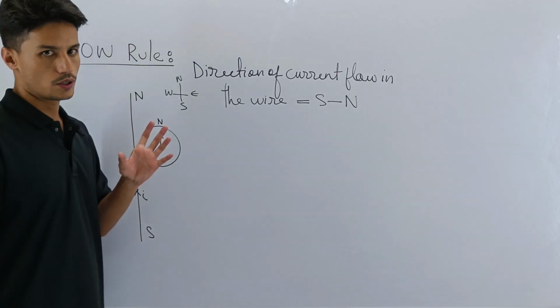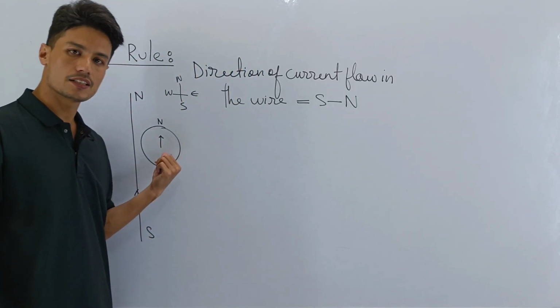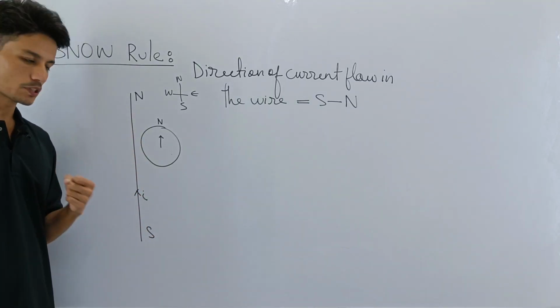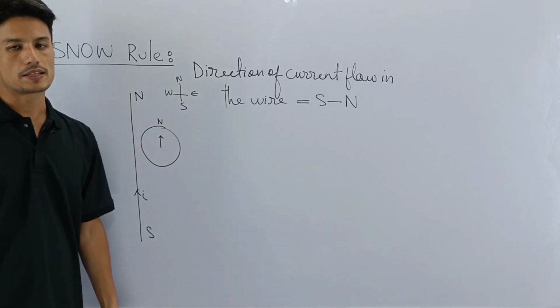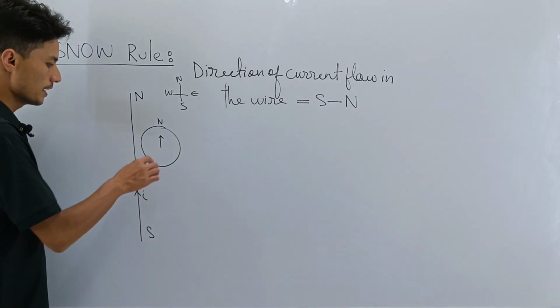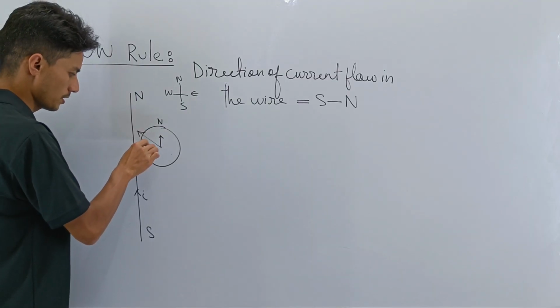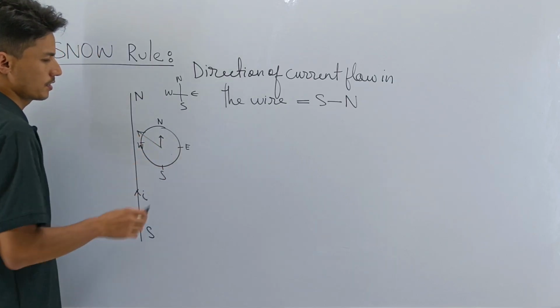We know from the Oersted experiment that there will be a deflection in the needle, because this current carrying wire will produce a magnetic field. So the two magnetic fields will interact. The question is, in which direction will it deflect? The answer is it will deflect towards west. Remember this, it will deflect towards west.